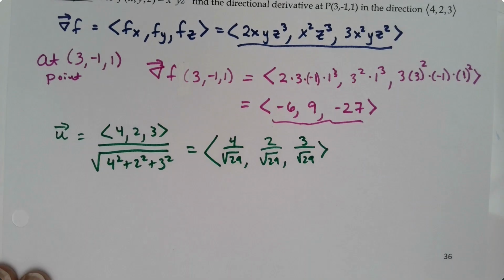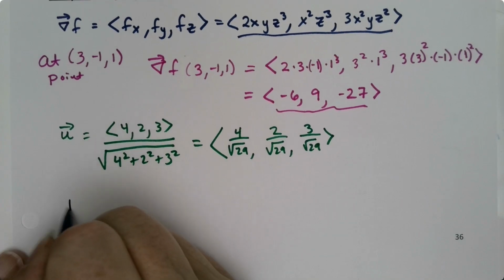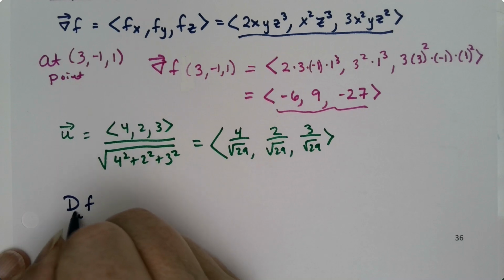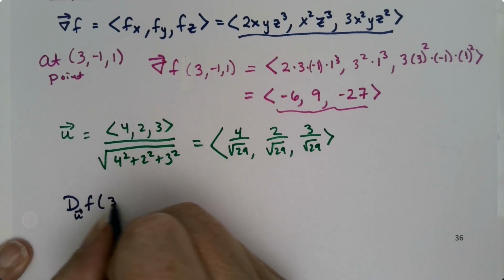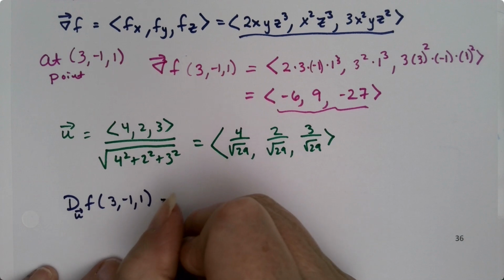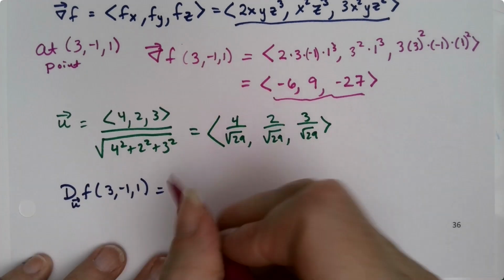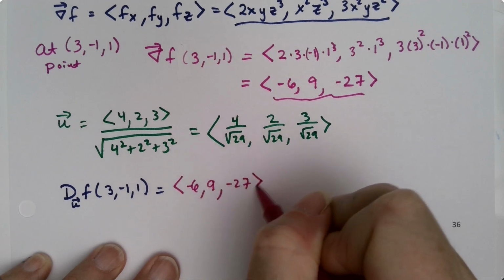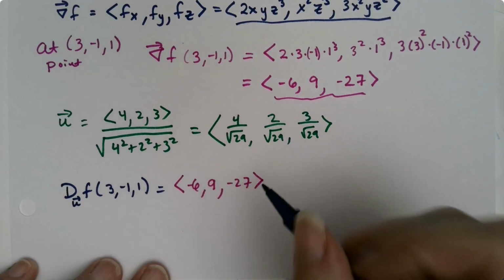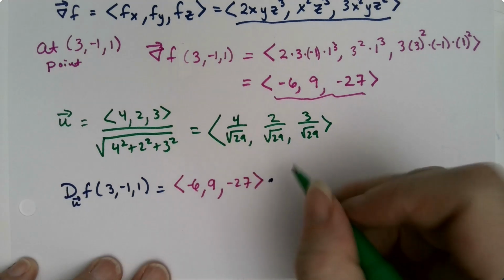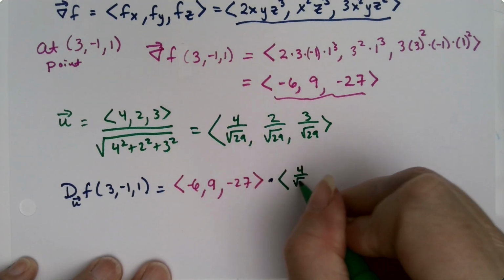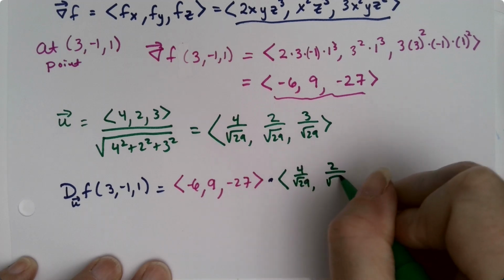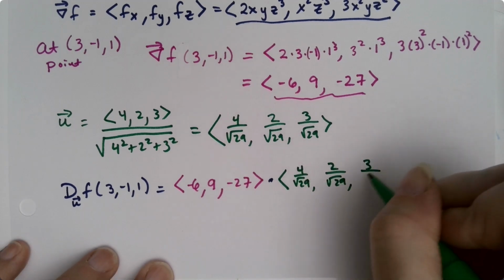So then for the directional derivative of f in the direction of u at 3, negative 1, 1, we're going to take negative 6, 9, and negative 27, and we're going to dot product that with 4 over the square root of 29, 2 over the square root of 29, 3 over the square root of 29.